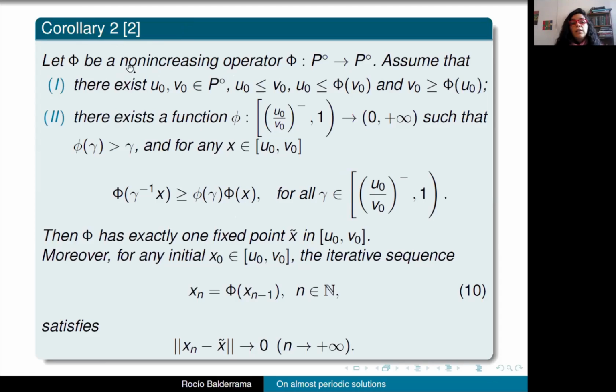And the second one is with a non-increasing operator, but the thing is the same.